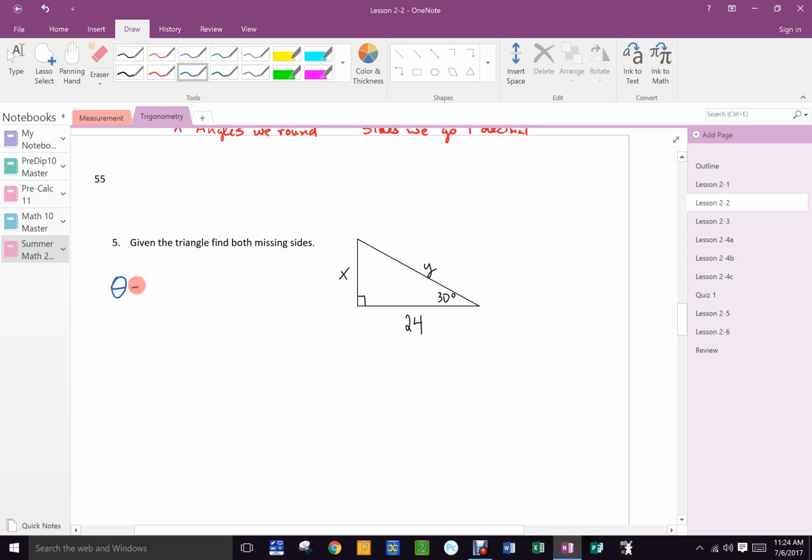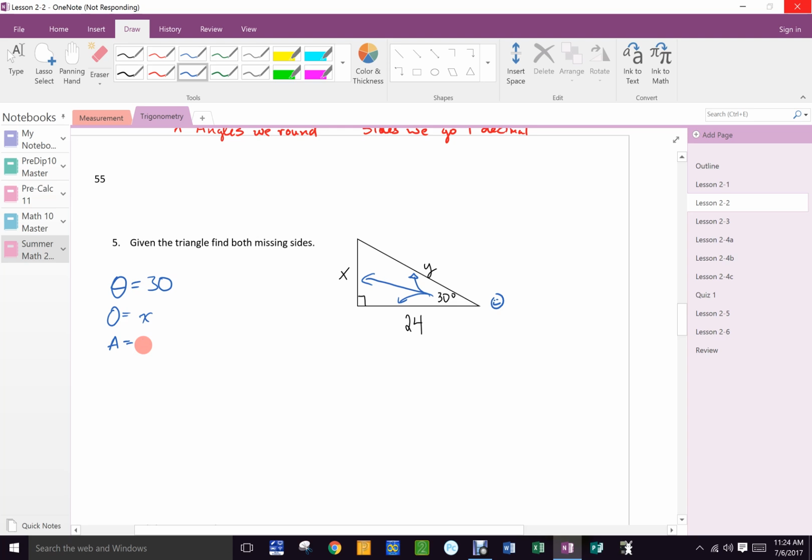Do I have a theta? What is it? 30. That means I'm over here looking happy. What do I know? I have an opposite, I have an adjacent, and I have a hypotenuse. What's my opposite? What's my adjacent? 24. Once I know that, I can find X, can't I?